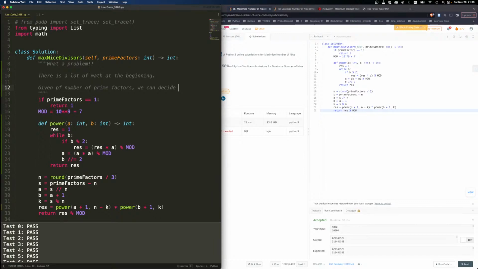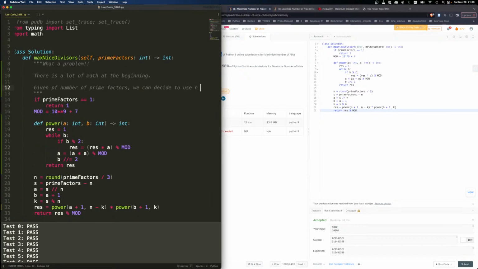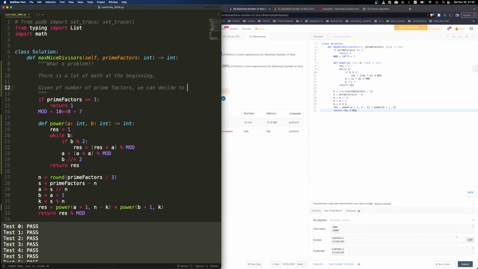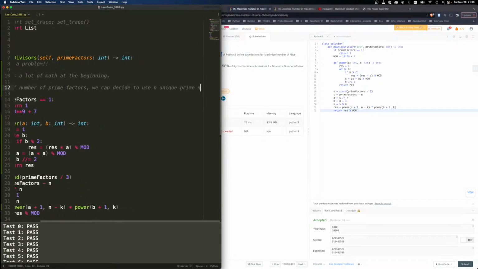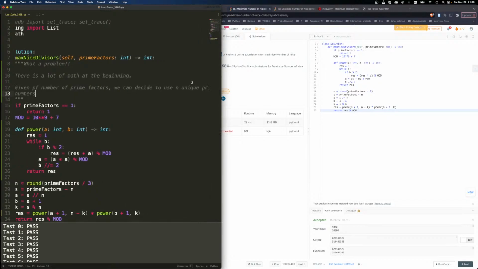Right, we can decide to use n unique prime numbers.